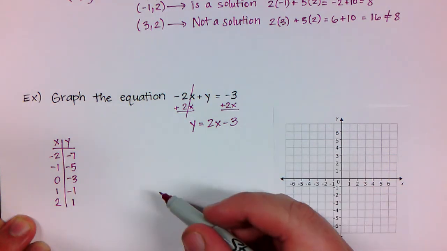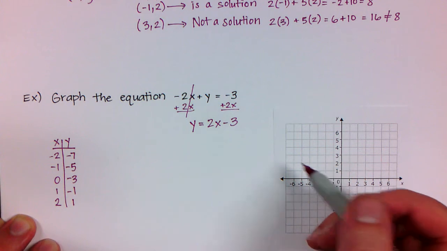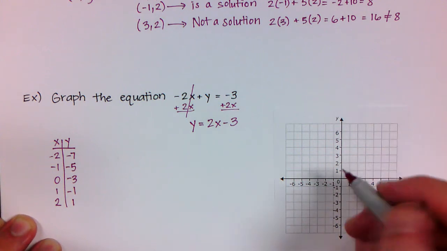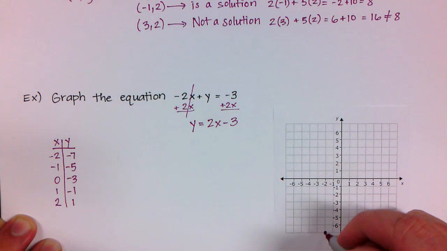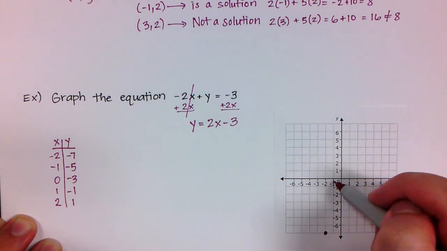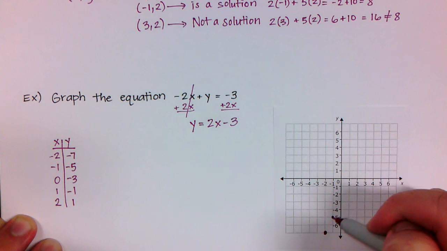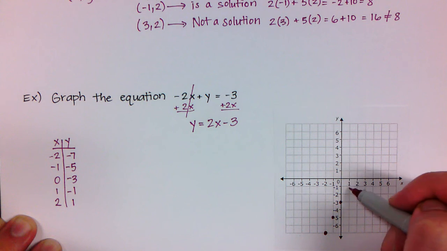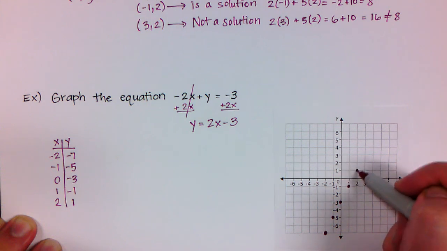So I've done that. That's my second step. My third step is just graphing those dots. So I have -2 down to -7, -1 down to -5, 0 down to -3, 1 down to -1, and 2 up to +1.